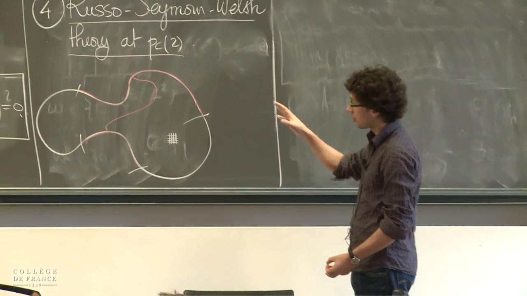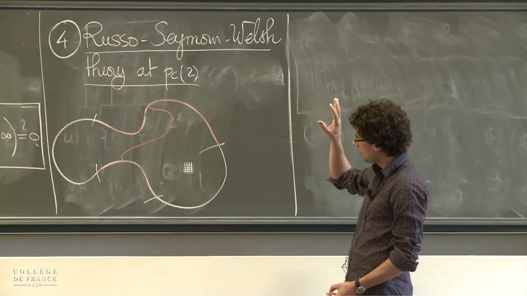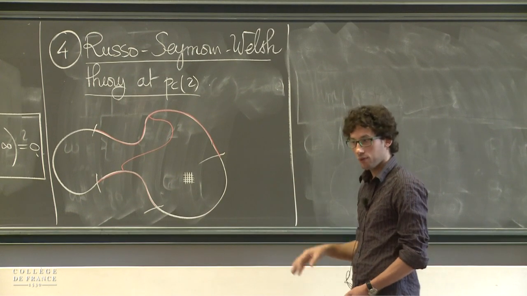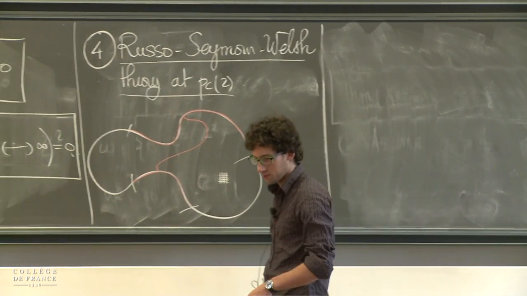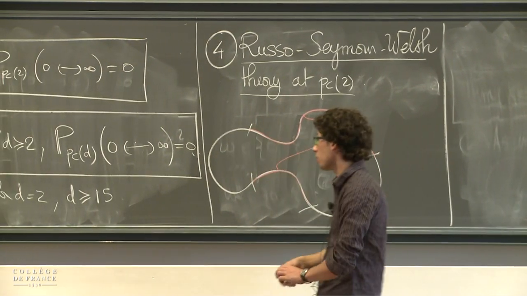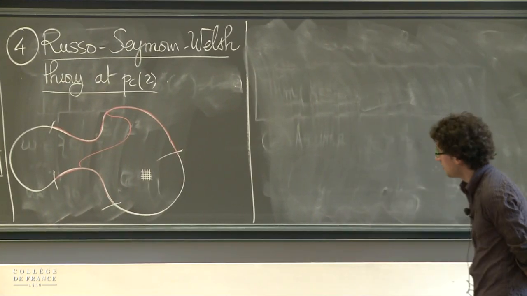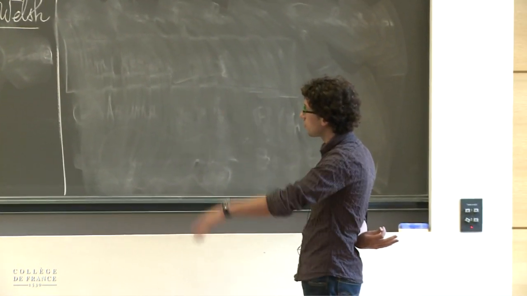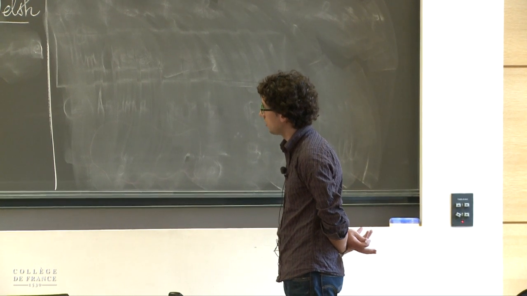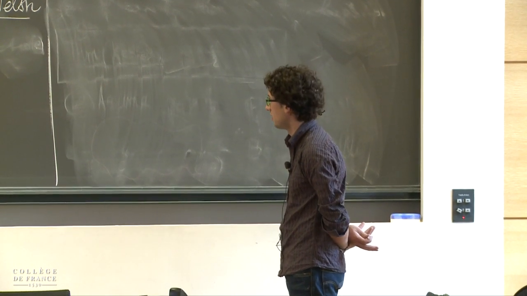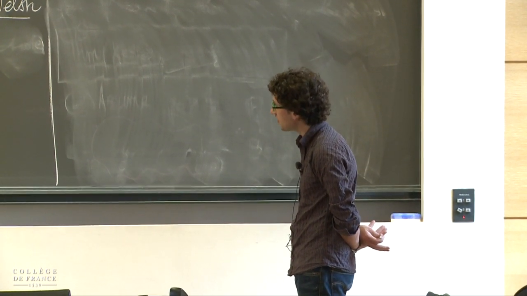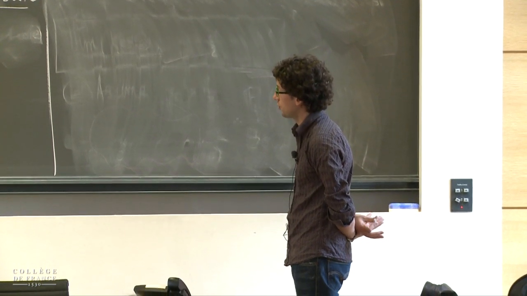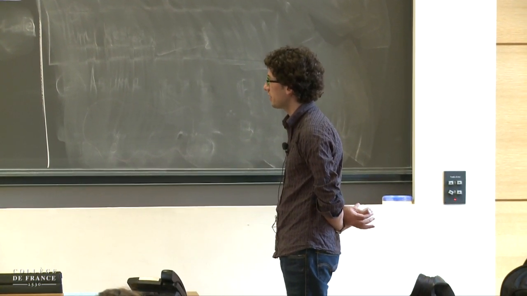So there are predictions at criticality for the limit of this kind of quantities, but we are not going to discuss this in this class. There is a very natural and very beautiful conformal invariance theory behind that, which is not known for the square lattice. That's why we will not discuss it.